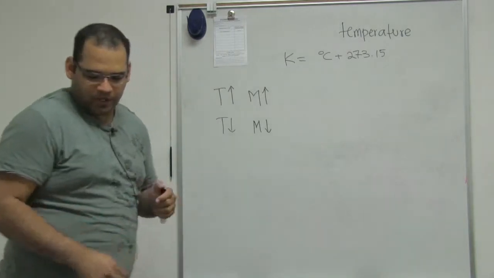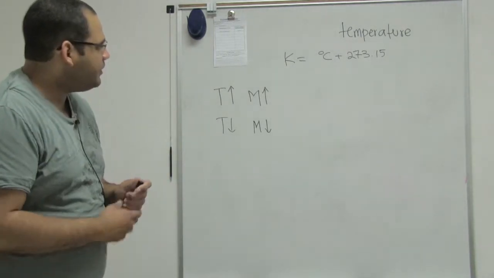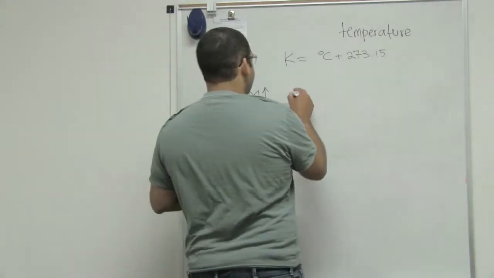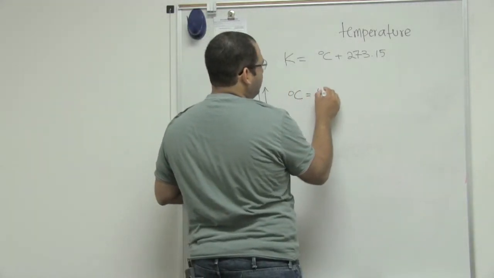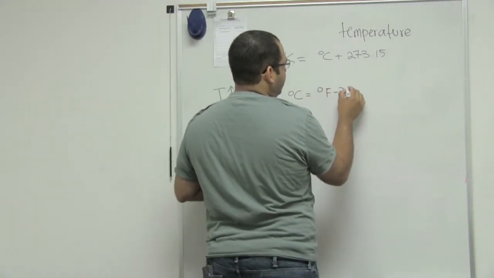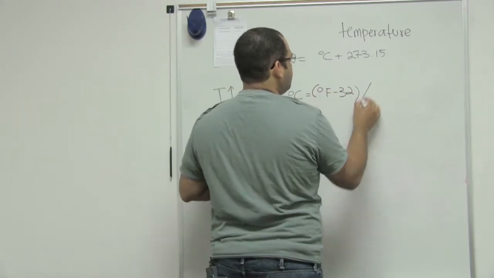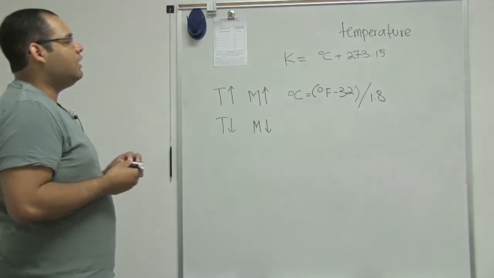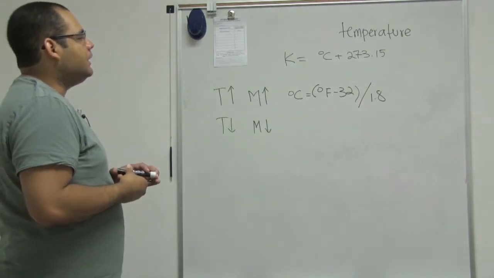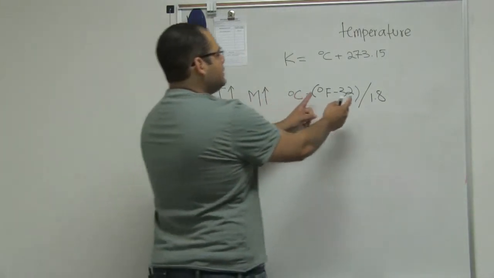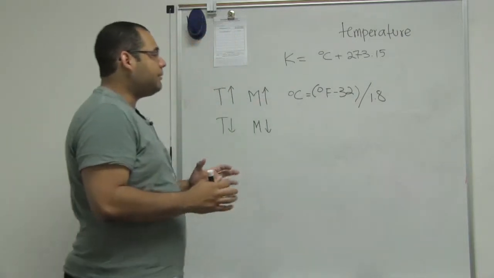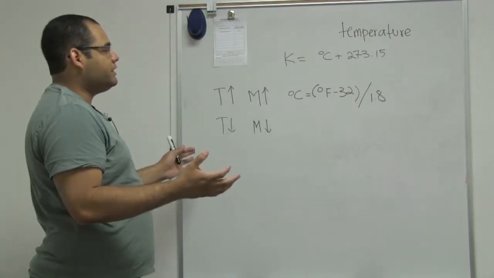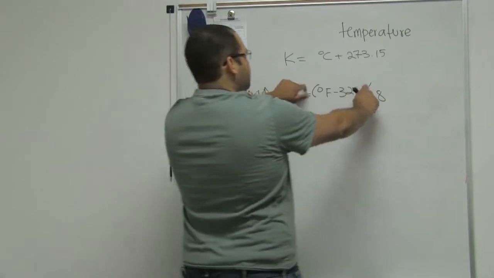Okay, so another thing you need to know is that in order to find Celsius, if the question gives me Fahrenheit, I need to do my temperature in Fahrenheit minus 32, divided by 1.8. I use a parenthesis here just because when I'm plugging in my calculator, I want to have a parenthesis here and then divide.